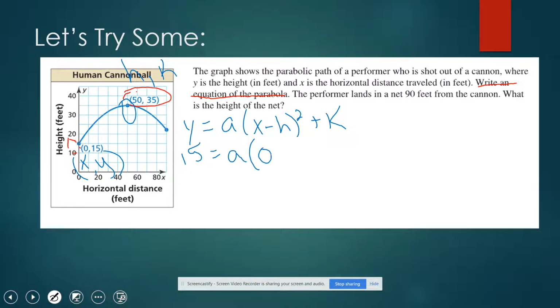X is 0 minus h is 50. And then plus k is 35. So I need to work over on the right side first. 0 minus 50 is negative 50. Negative 50 squared is 2,500a.